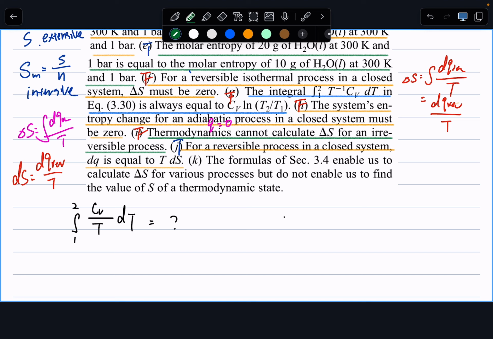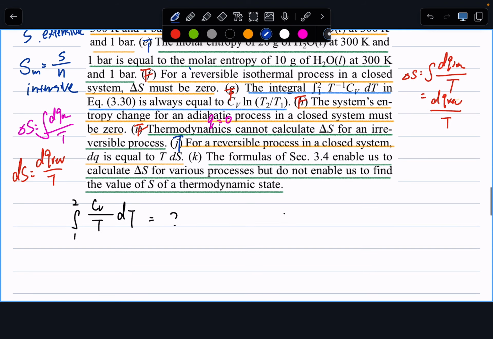And the last question. The formula of section 3.4, which is the whole derivation we did last Friday and this Monday, enables us to calculate delta S for various processes, but does not enable us to find the value of S of a thermodynamic state. So this one is a true statement, right?